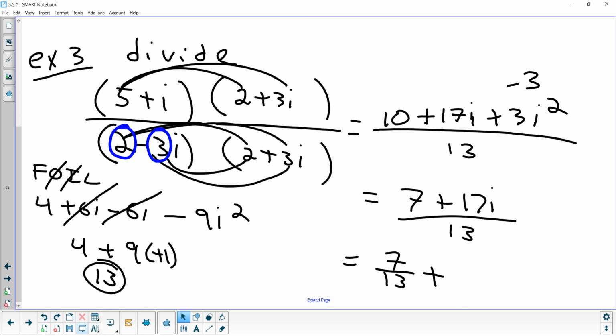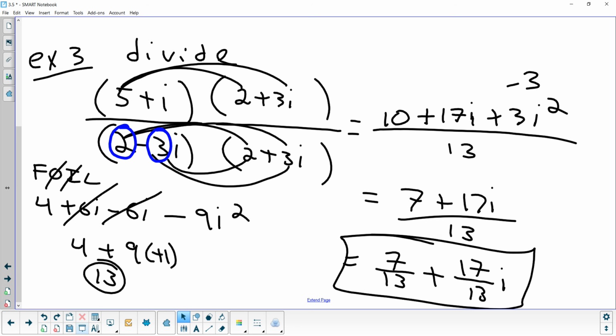How about Casey? 17 divided by what? 13, yes. Good. 17 divided by 13. And that is how you want to write your final answer. Okay, so that reviews complex numbers: add, subtract, multiply, and divide. Any questions on that review?